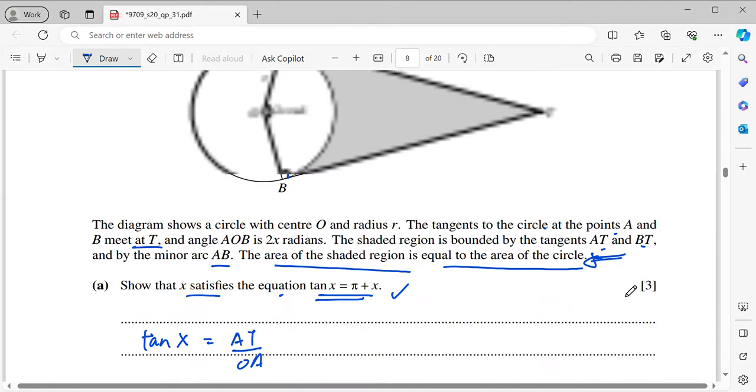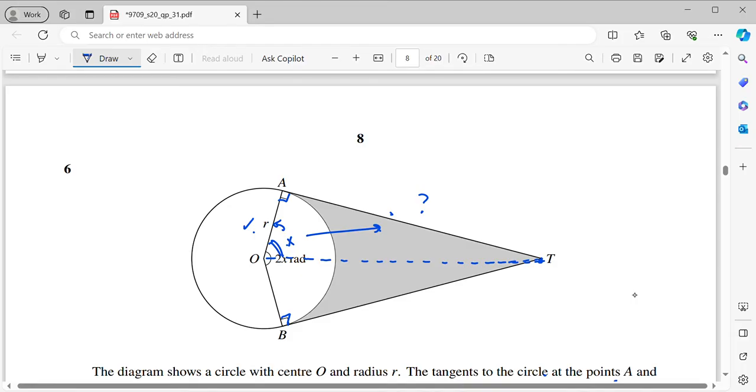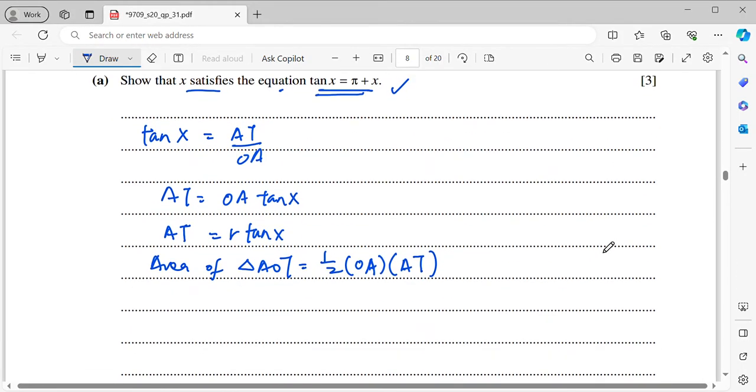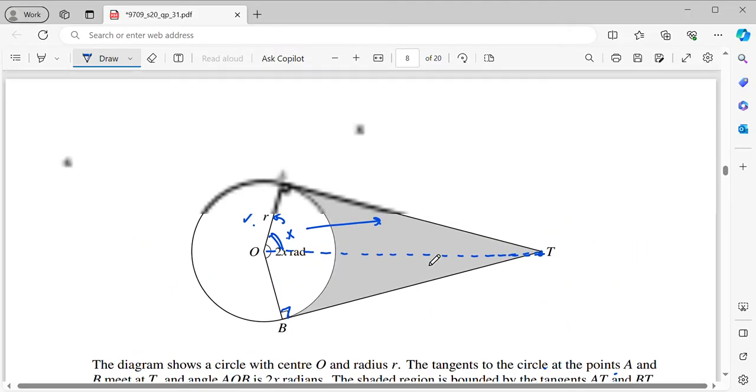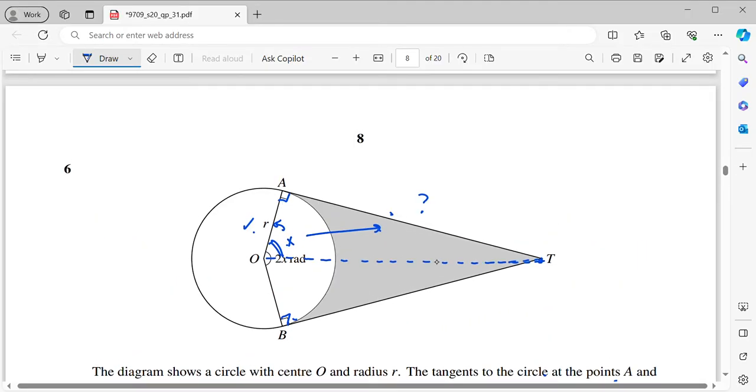Okay, because that is the base. AT is the base and then OA is the height. So it means that it will be half R tangent x, because my AT is R tangent x. That means here you'll be getting half R squared tangent x. So since you have found the area of the triangle, which means now we can find the area of the whole diagram.